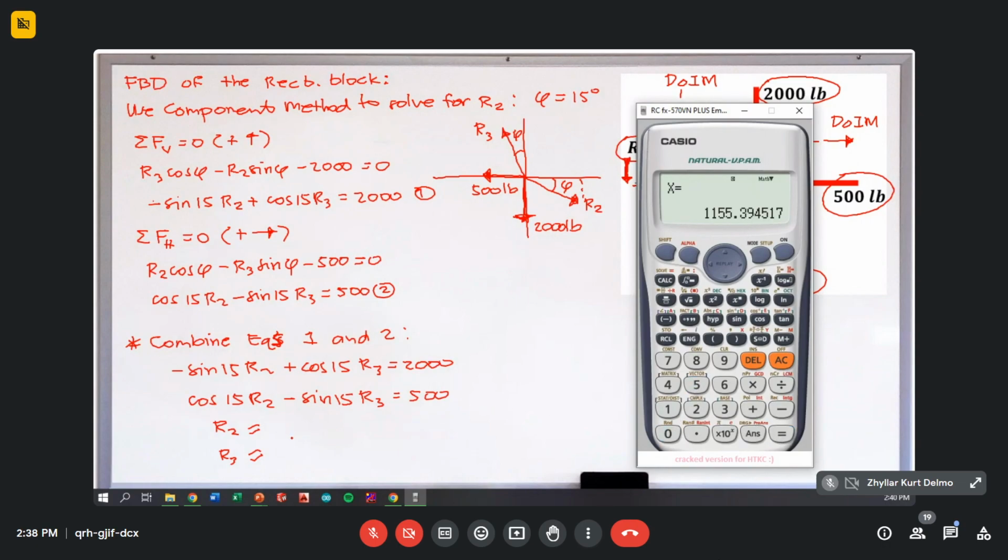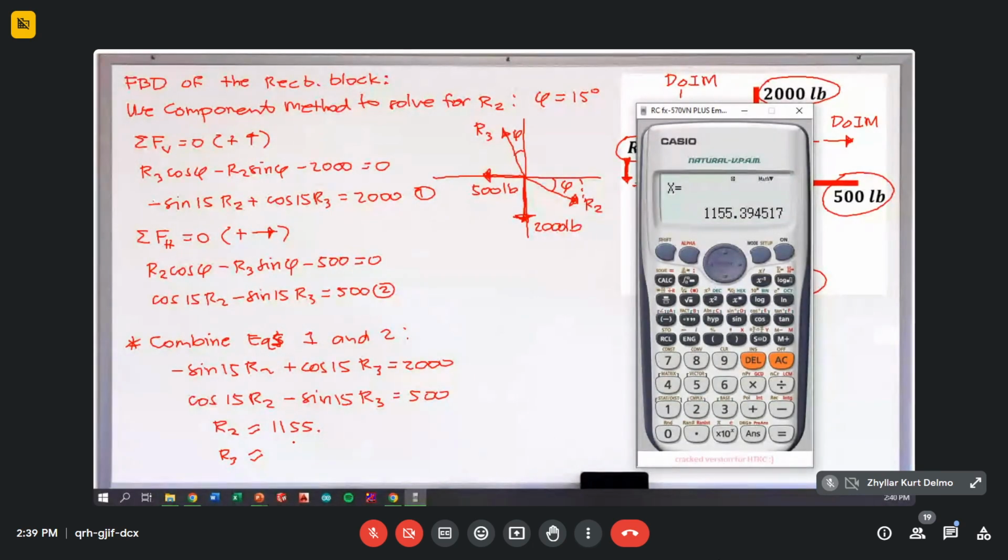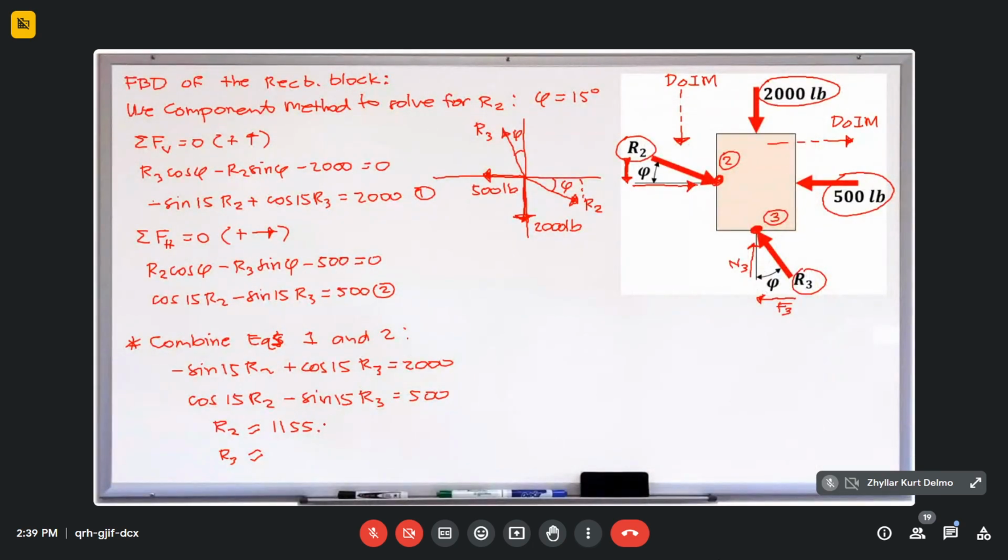Okay, equate, and it gives the approximate value of R2. That's 1155.39 pounds.